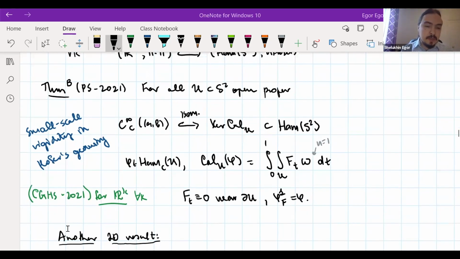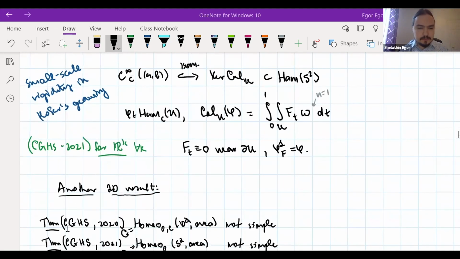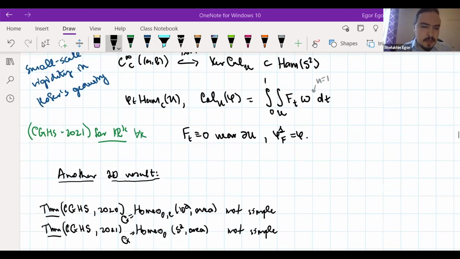Another two-dimensional result is the following. CGHS proved in 2020 the following fantastic result: the group G of area-preserving homeomorphisms of the disk, taking the connected component and the compactly supported ones, is not simple.